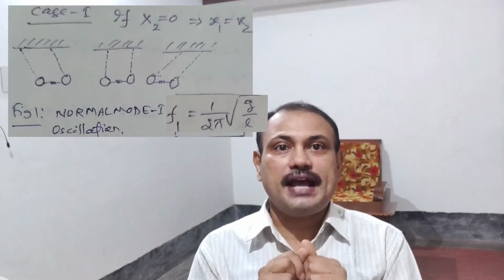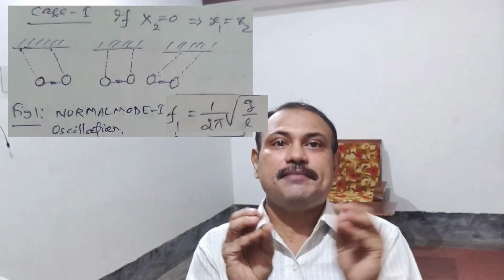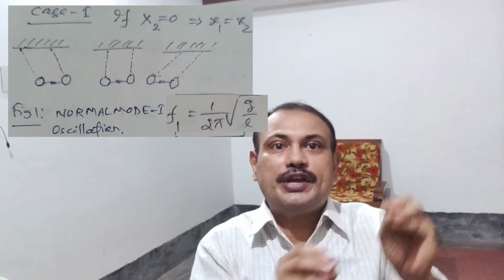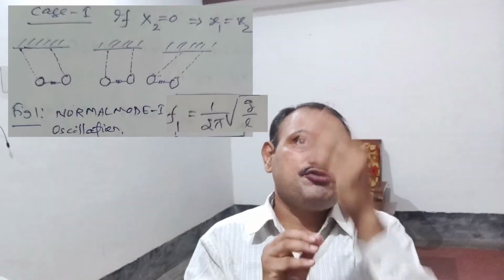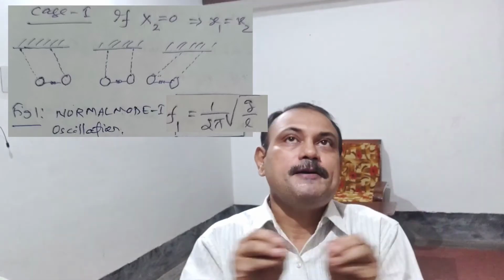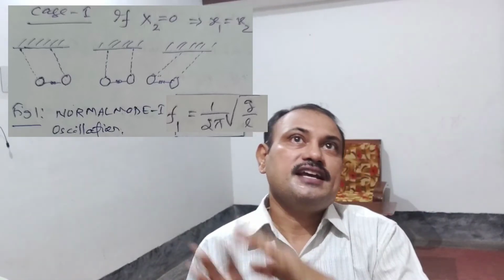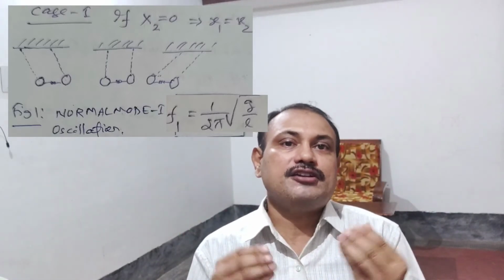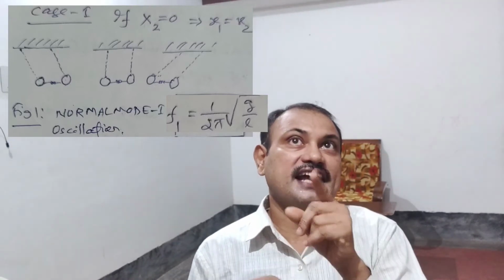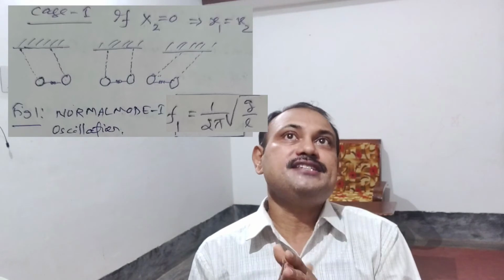Now in this case, what happens if the displacements are exactly the same? You can see that the bobs move together, as in the figure I have shown. They forget the spring, as if the stiffness of the spring is not there. So the coupling factor doesn't play any role, and the vibrations of these pendulums are exactly in phase.